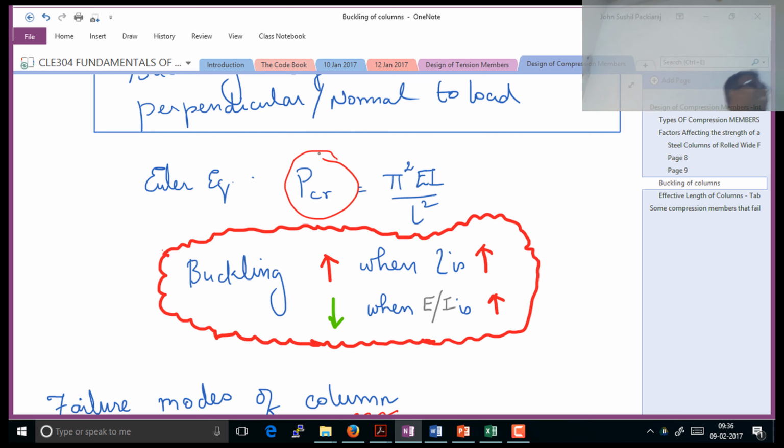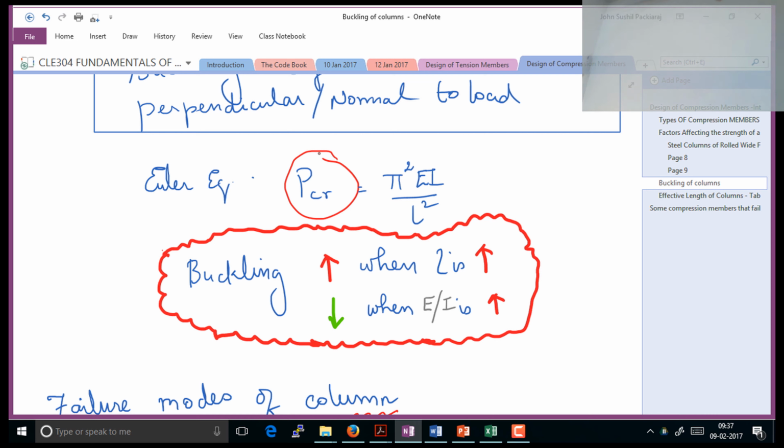Okay, so now look here. This is what we mean by putting these arrows.